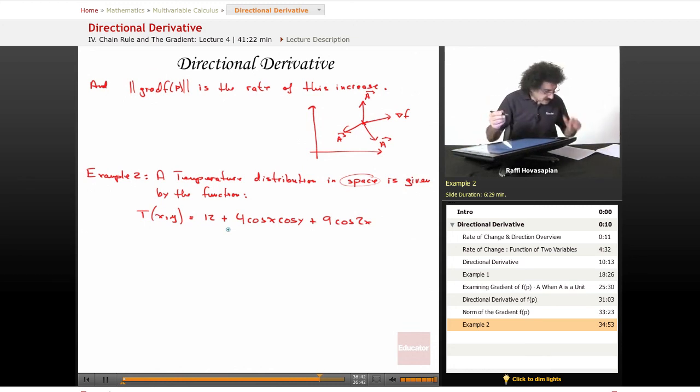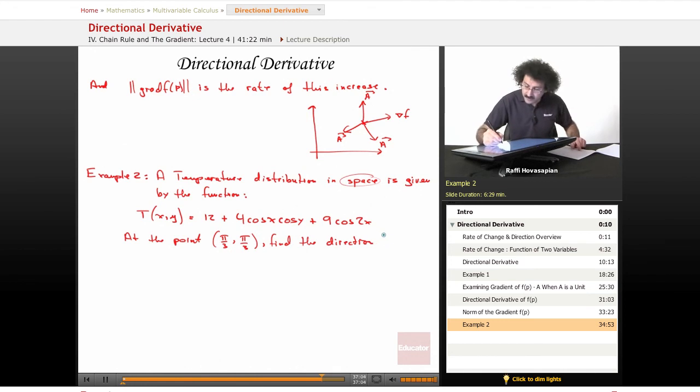All right. Now, here's our problem. At the point pi over 3, find the direction of the greatest increase in the temperature.